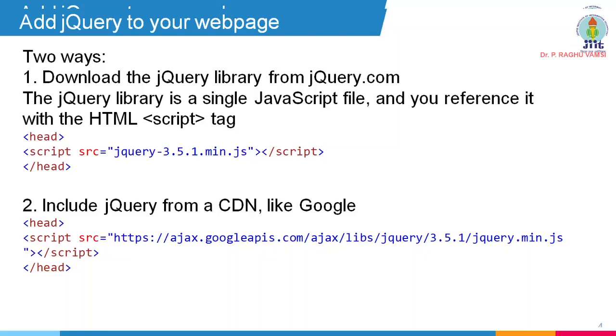The jQuery library is a single JavaScript file, and you reference it with the HTML script tag after downloading it from the jQuery website. You can place this single file in the current folder where the HTML is running, and include it like this: head, script src equal to jQuery hyphen, and the version. This is the current version.